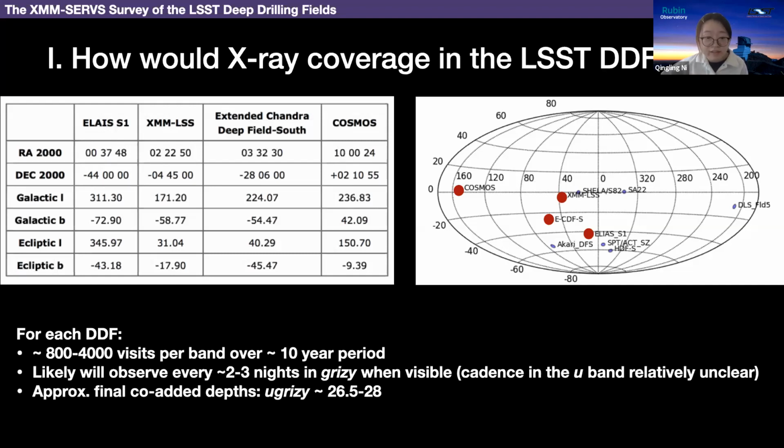With this cadence strategy, we can get approximately 26.5 to 28 mag in the ugrizy bands. The 28 corresponds to the gri bands, the 26.5 corresponds to the y band, and the u and z bands are somewhere in between. These numbers could vary by 1 mag between different OpSim strategies and different fields.